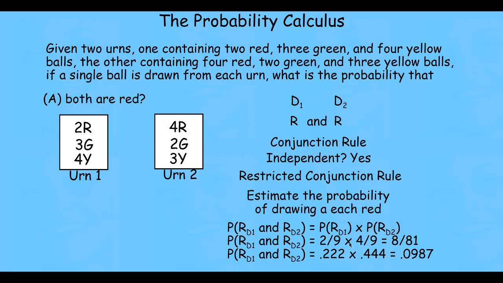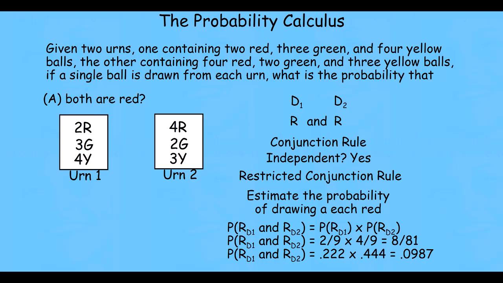So 2 over 9 times 4 over 9 equals 8 over 81. Or if I did it in decimals, 2 over 9 is 0.222 approximately. 4 over 9 is 0.444 approximately. When you multiply them, you get 0.0987 approximately.